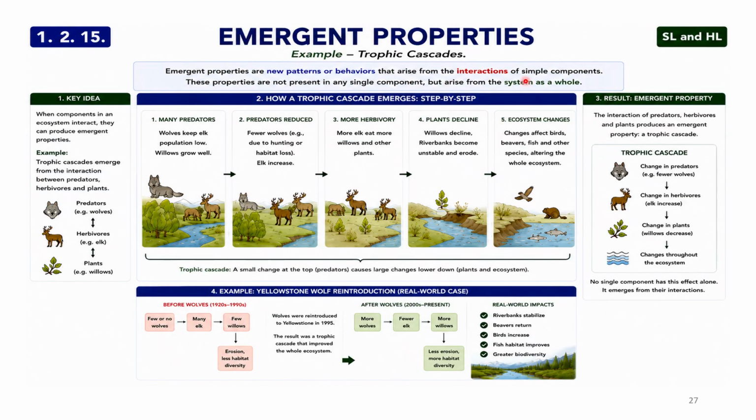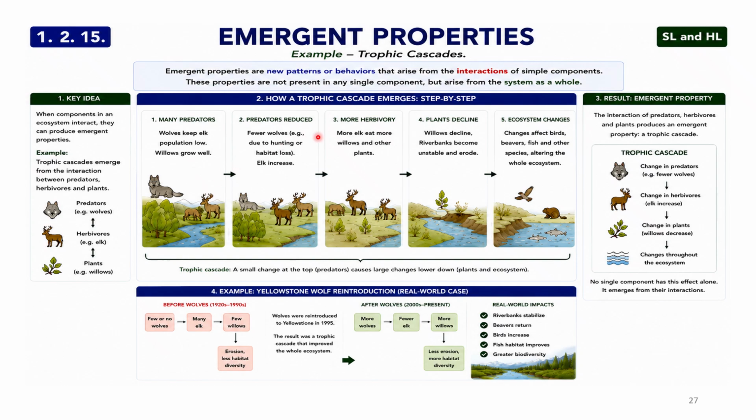Emergent properties arise when interactions among system components produce outcomes that cannot be explained by studying each component separately. A classic ecological example is a trophic cascade involving predators, herbivores, and plants. When predator populations, such as wolves, are healthy, they regulate herbivores like elk, allowing vegetation such as willows to flourish.